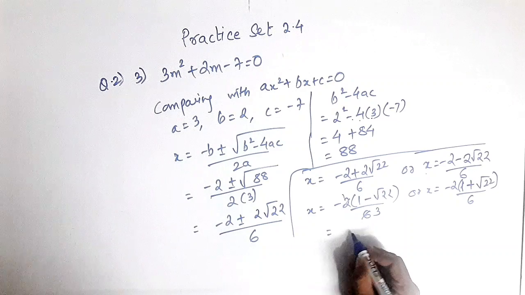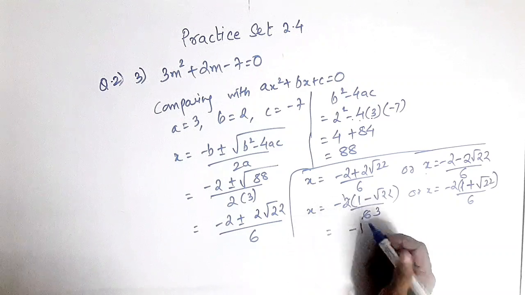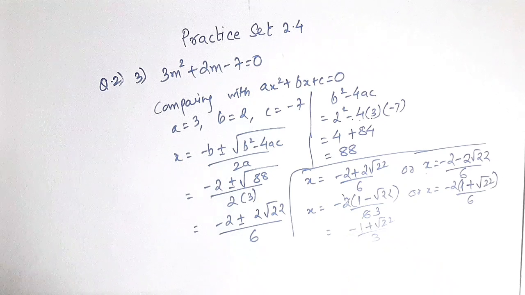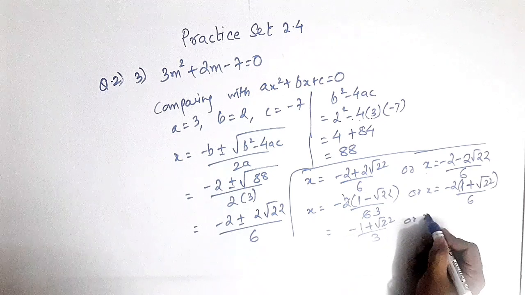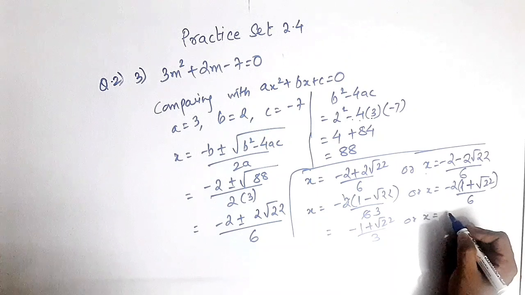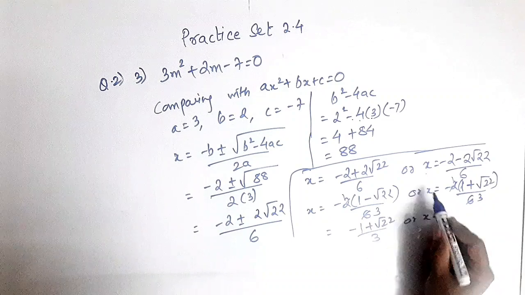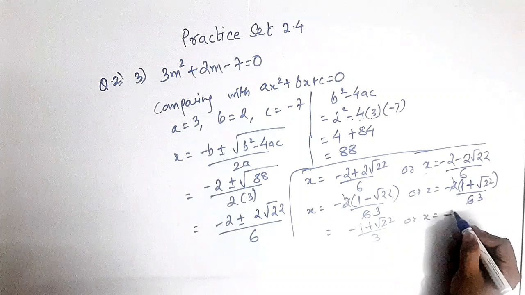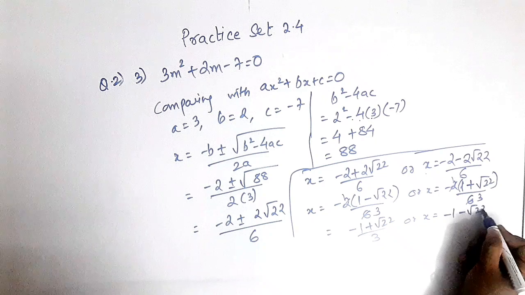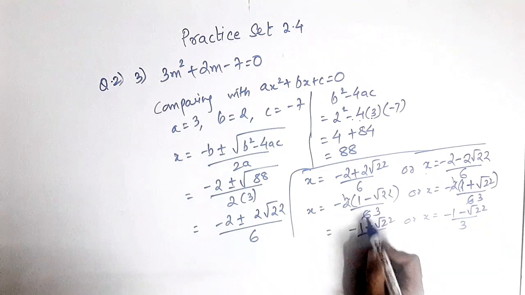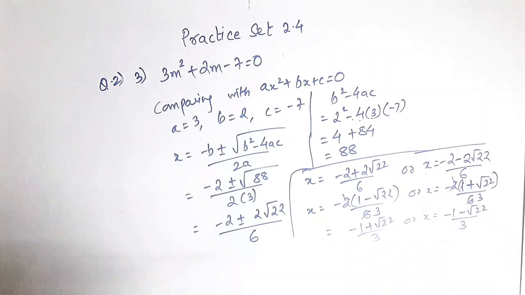So minus 1 plus root 22 upon 3, or x is equal to, this will be again 1s are, 3s are, and I'll multiply minus with the bracket, minus 1 minus root 22 upon 3. This minus minus will become plus, this minus plus will become minus. So this is your final answer. Let us move on to fourth one.